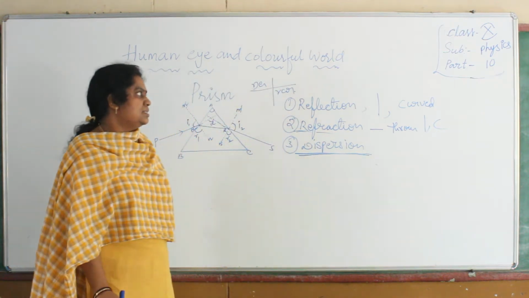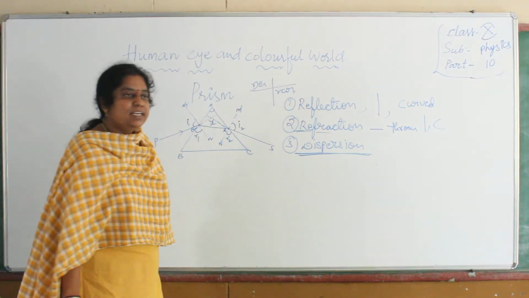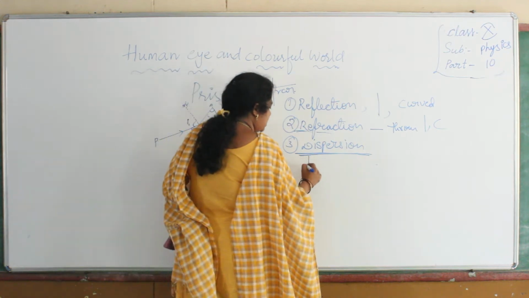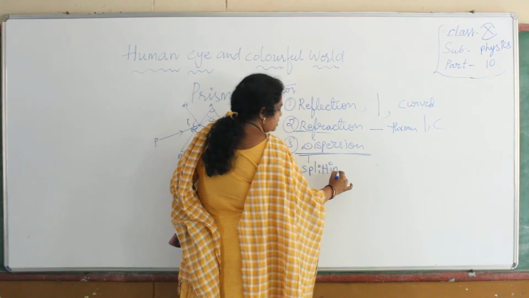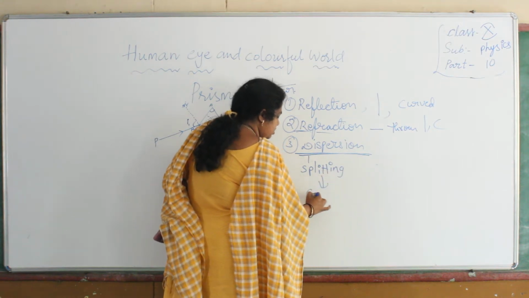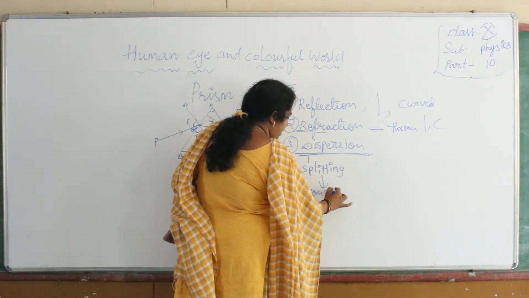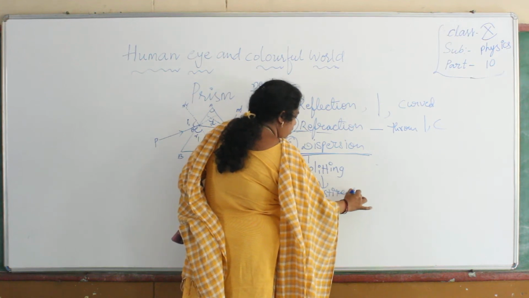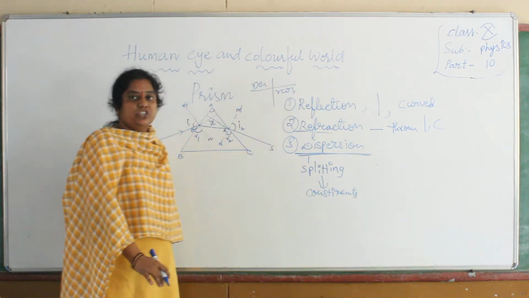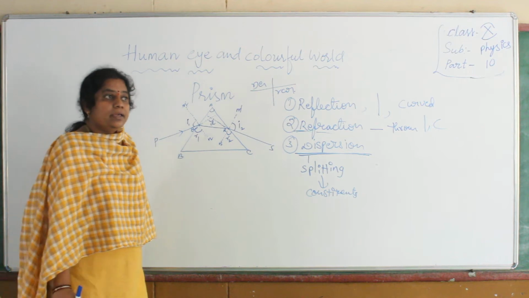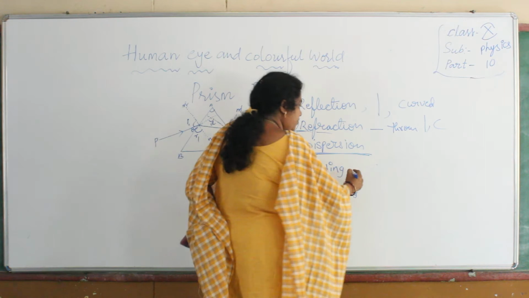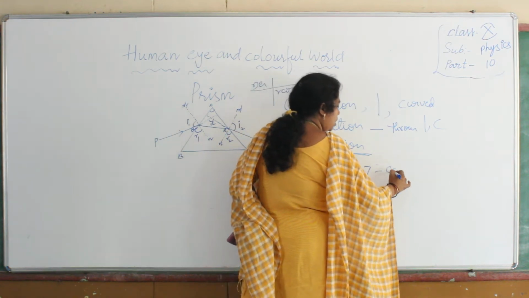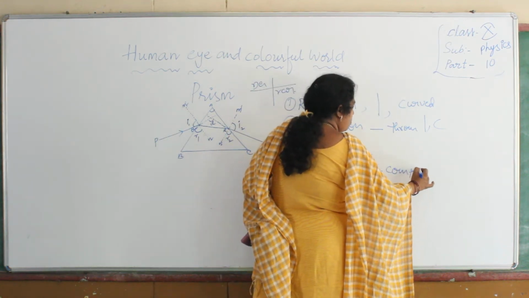What is this dispersion of light? Dispersion of light means splitting of light into its constituents. Light is a composite color. That means it is a combination of 7 colors. We call white light a composite color.